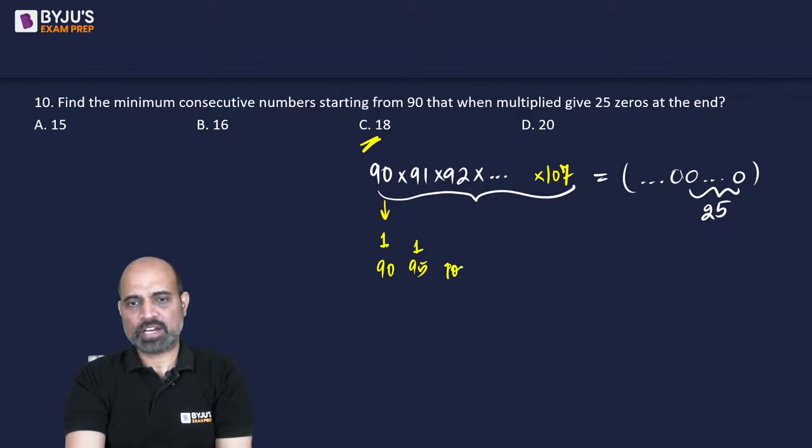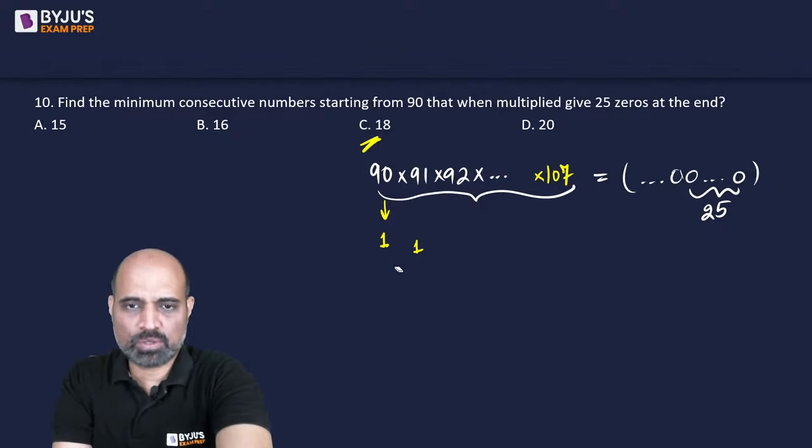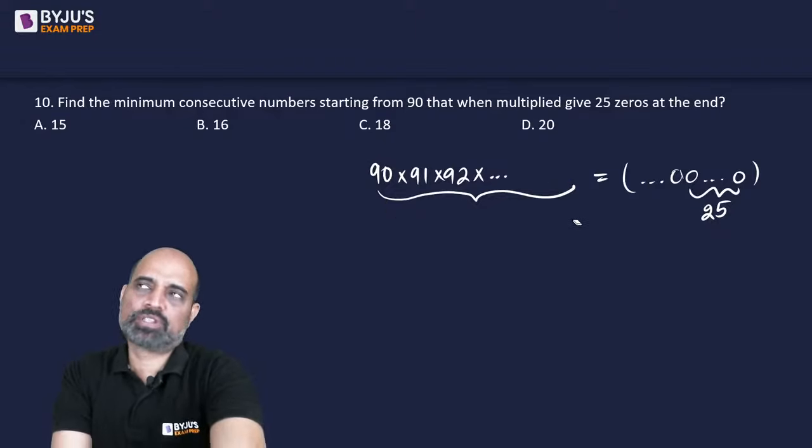Then we will have 100 and we will have 2. Since we need 25 zeros at the end, okay, looks like kuch to problem hai because we need way more than that.